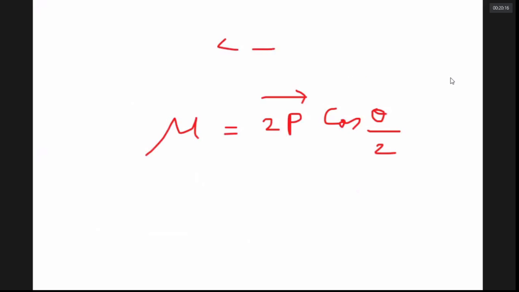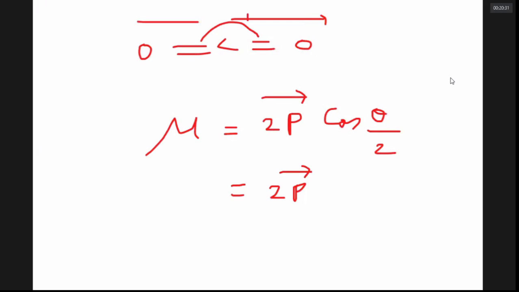In CO2, because it is a linear molecule, the angle is 180 degrees. P bar represents the individual bond moment, or individual vector. Bond moment is a vector. Therefore, the resultant overall dipole moment is equal to 2 into the individual bond moment into cos theta by 2. They are identical vectors.